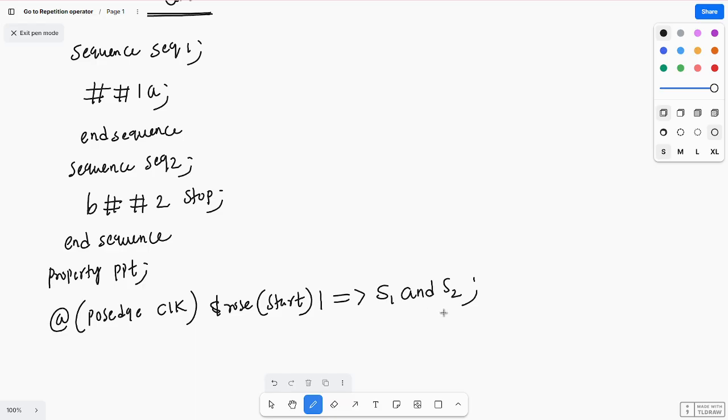It should satisfy S1 and S2, meaning sequence 1 should be satisfied and sequence 2 should be satisfied. Then only my assertion will pass. If sequence 1 fails or sequence 2 fails or both fail, my assertion will fail. Just like AND: if any one input is low, the output is low. So both sequences should satisfy, otherwise assertion will fail. Do you understand this sequence and property?